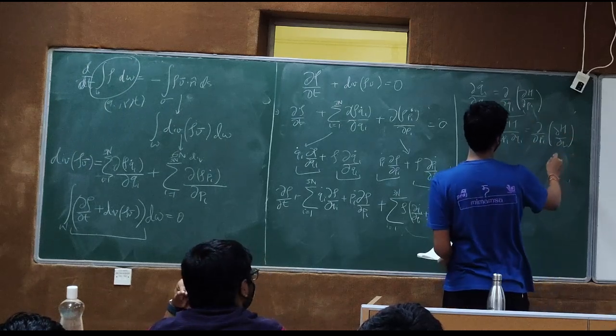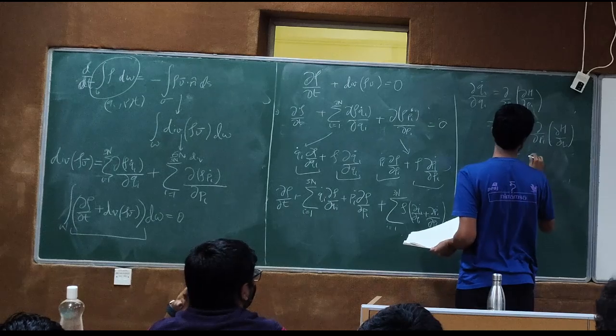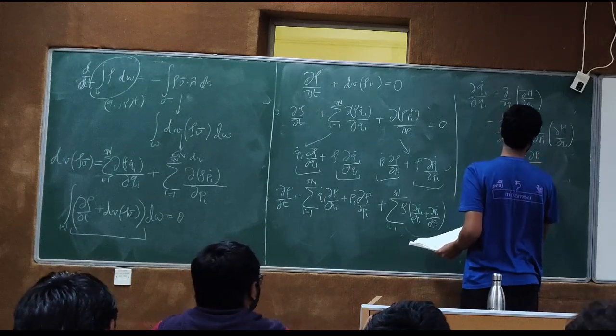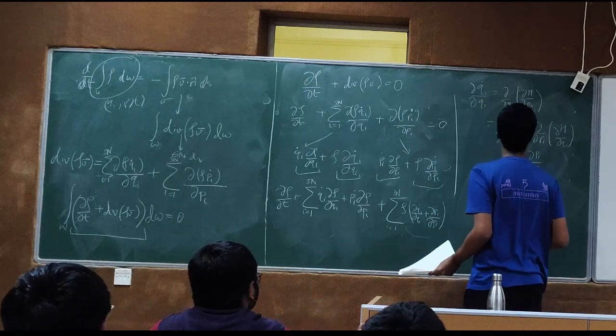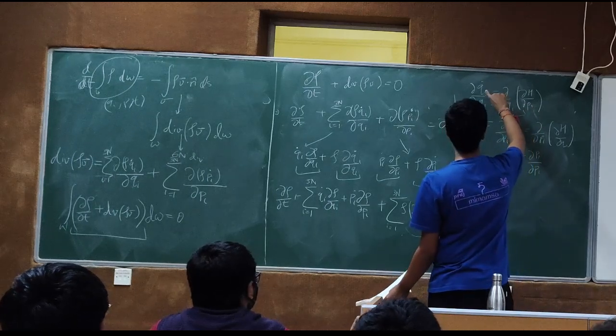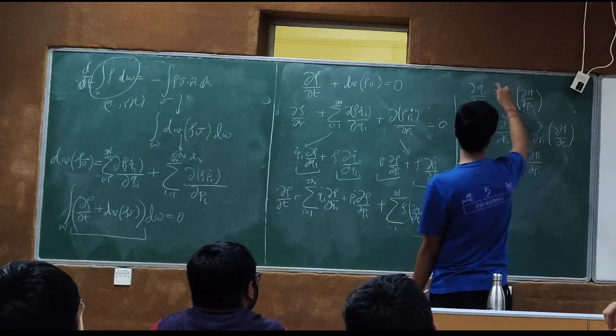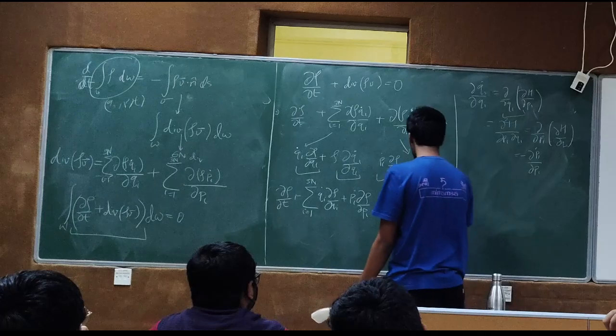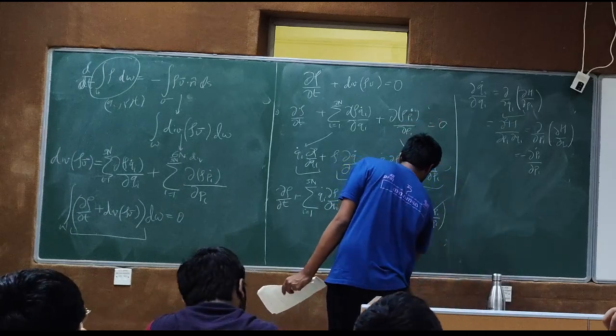Now, del H by del Qi is equal to minus Pi dot, so this is minus del H by del Qi. So del Qi dot by del Qi plus del Pi dot by del Pi is equal to zero. This term becomes 0.